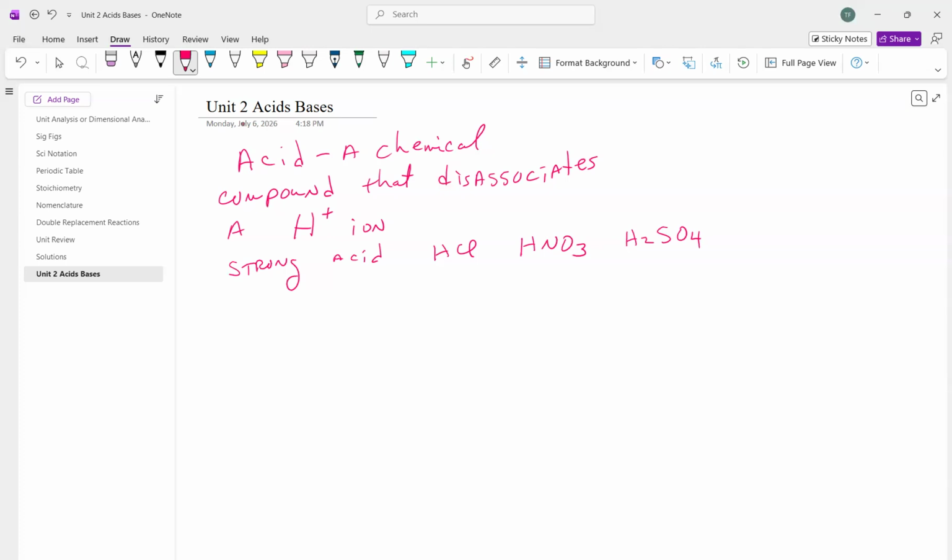Now, what is a strong acid? A strong acid is 100%, no exceptions, of the H disassociates. Most of the time, it's just 1. So what that means is we have HCl, and that's a gas that you bubble through water to form the acid.